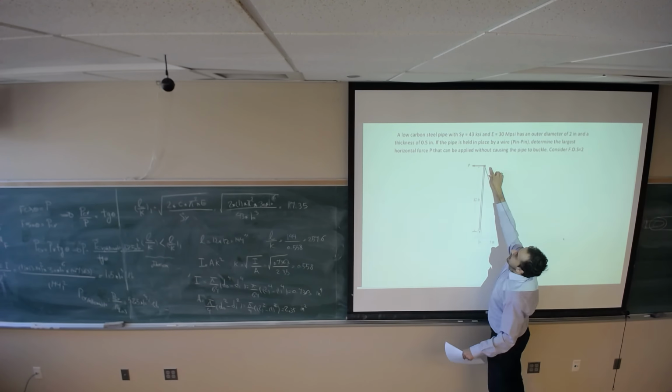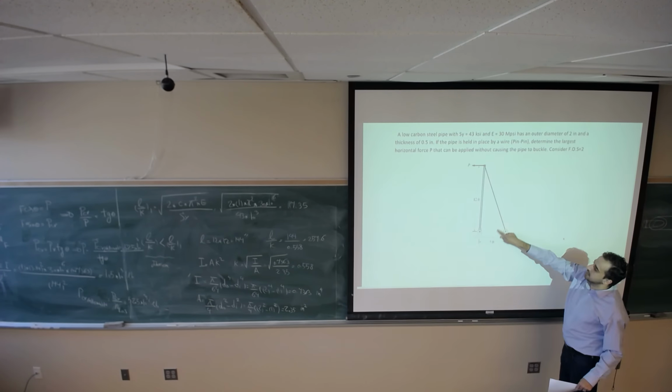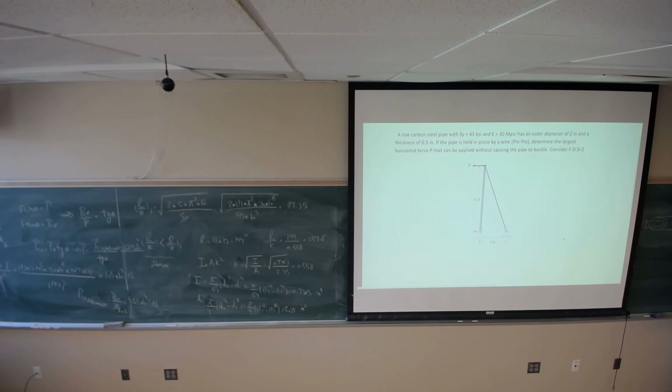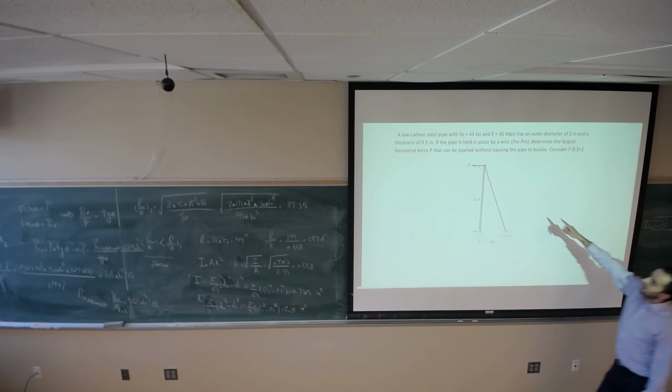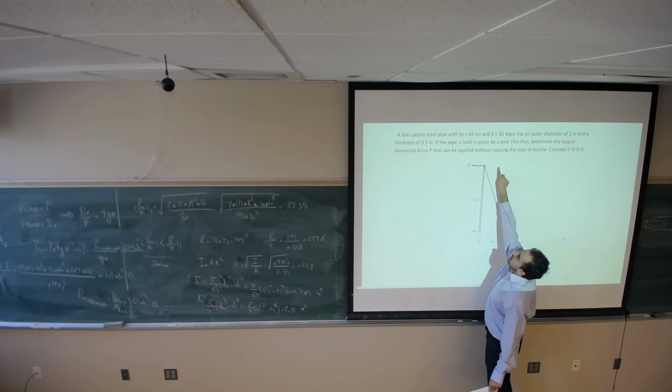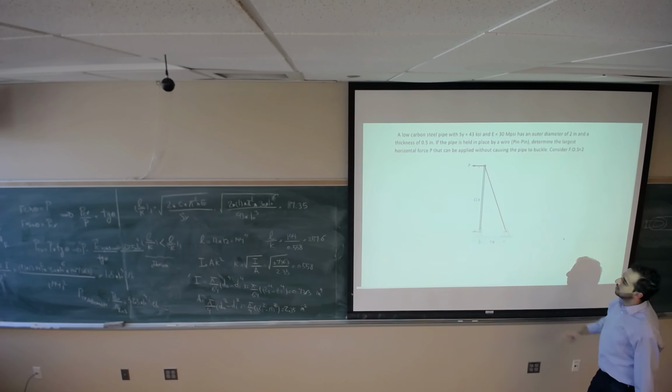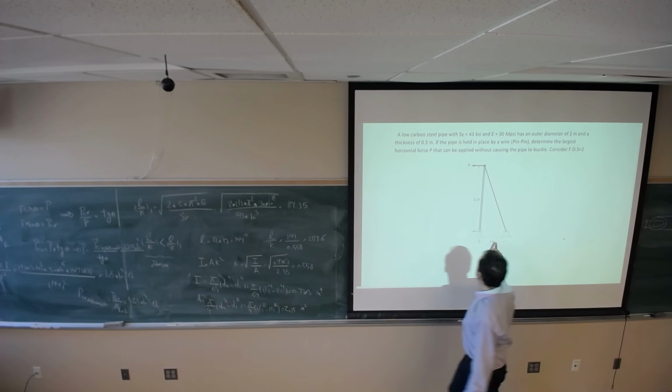This angle is going to be the same as this angle. Can you see that? The angle that I'm talking about is this angle, which is equal to this one. So the tangent of this is going to be 12 divided by 5.